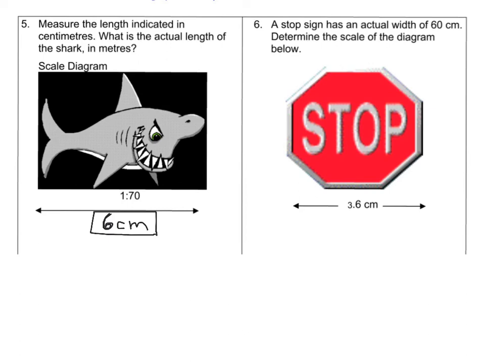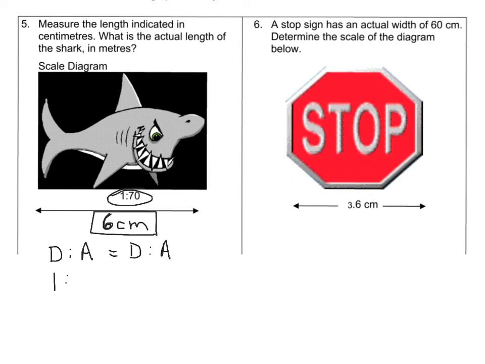This is much like the last problem. Remember, you always have two measurements. You have the diagram to the actual. Okay, always diagram to the actual is equal to diagram to the actual. Now, we have a scale that they've given us already.